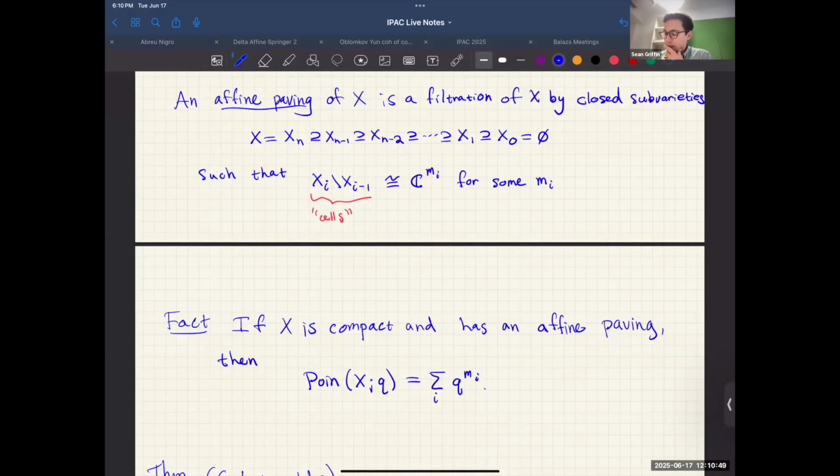The assumption of compact here is because, for experts, the affine paving is really computing the Borel-Moore homology, but if X is compact, Borel-Moore is the same as homology, and then you can use the universal coefficient theorem to say that homology and cohomology have the same rank in each graded piece. If X is smooth, then you can use Poincare duality to get the ranks of the cohomology groups.